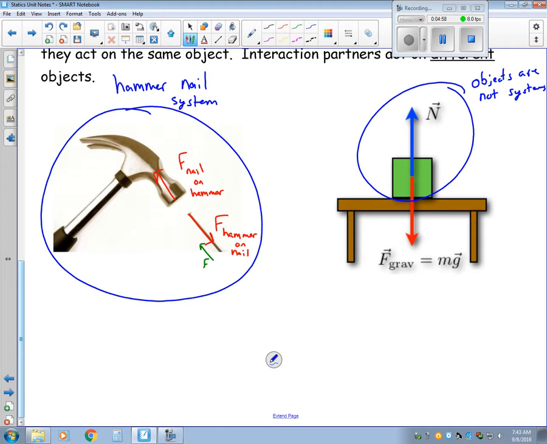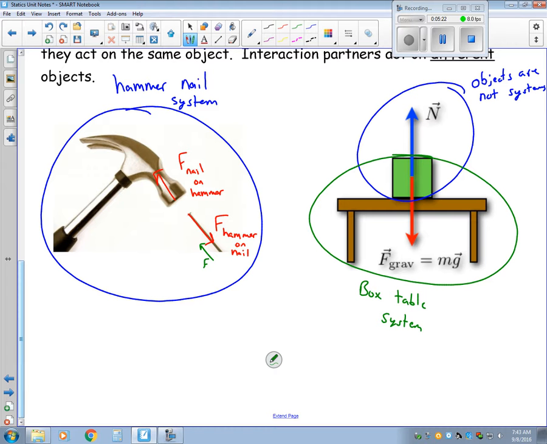Well, if I were to take a look at a bigger system, let's say the box-table system, then we would see something.